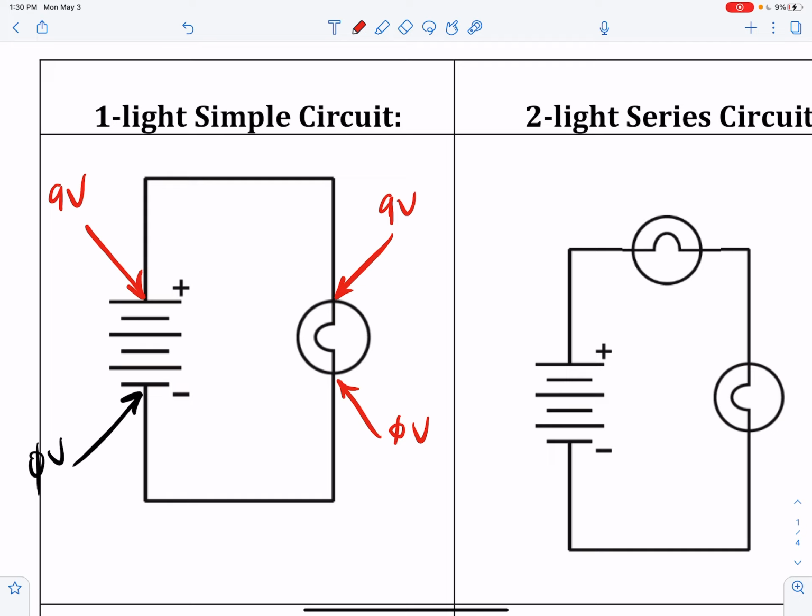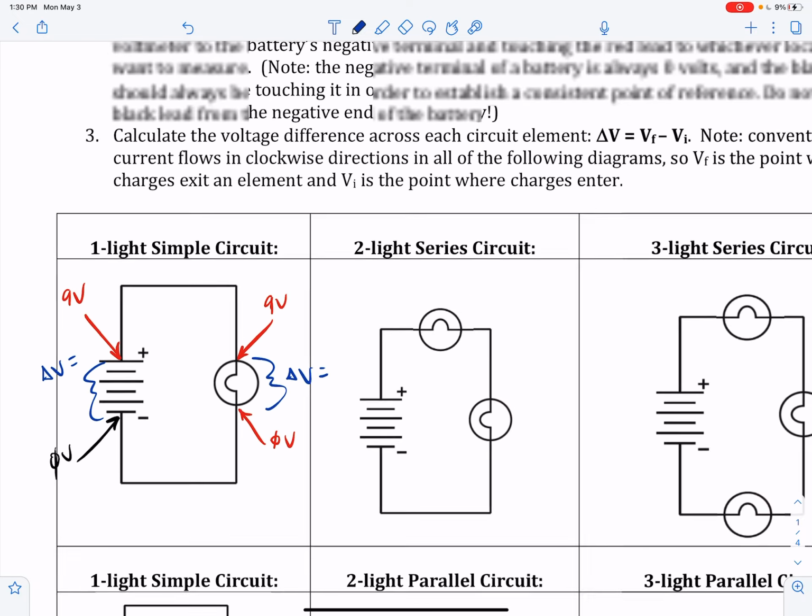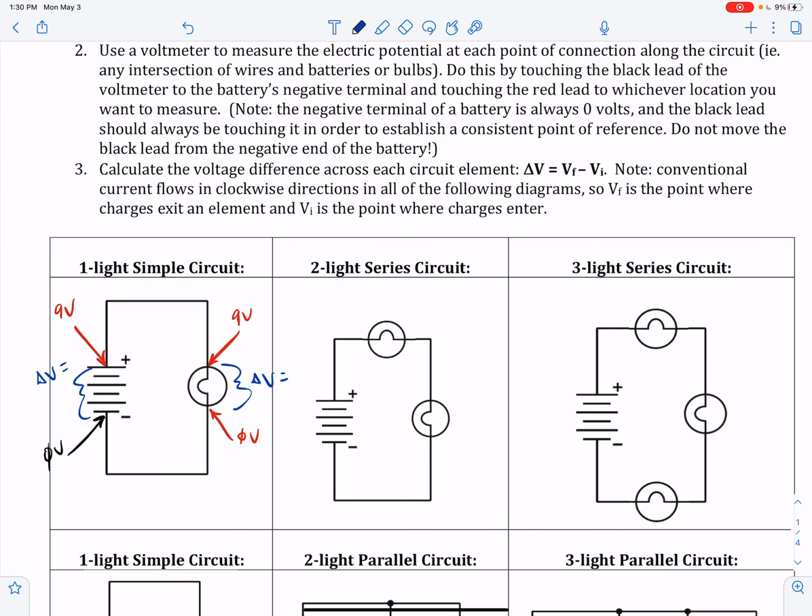Based on what the voltmeter is showing me, I want to determine the delta V, the change in electric potential, across the battery and across the lights. So delta V here, and then a delta V here. The way I'm going to do that is through note number 3.